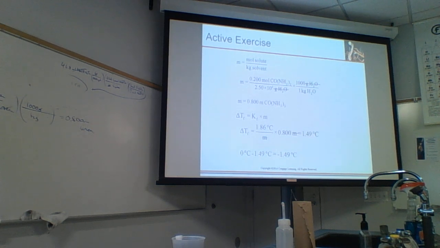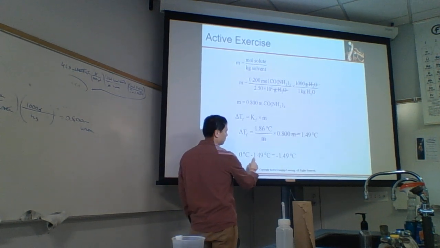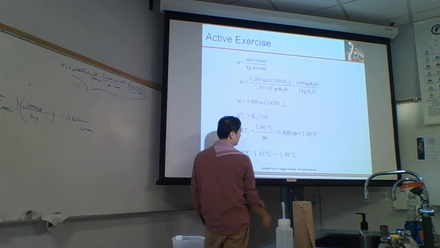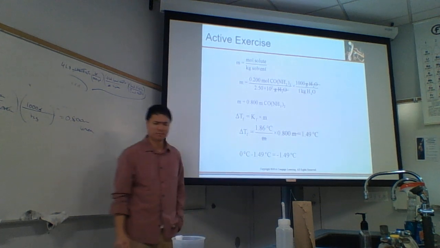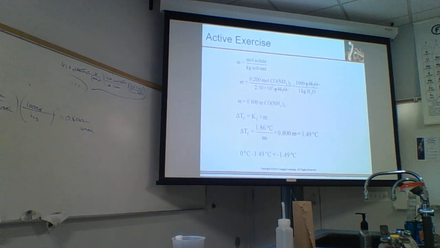This is a freezing point depression, so 0 degrees is normal, minus 1.49 degrees C gives us a freezing point of minus 1.49 degrees C.